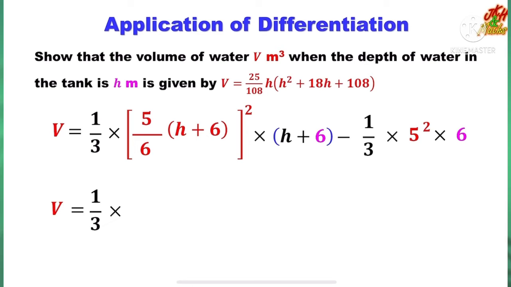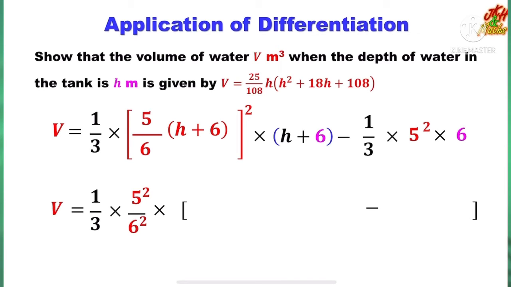By taking out the common factor on both terms, which is 1/3, and both terms also have a common factor of 5 squared, we take it out. And then here I take out the 6 squared to simplify the terms in the bracket later.